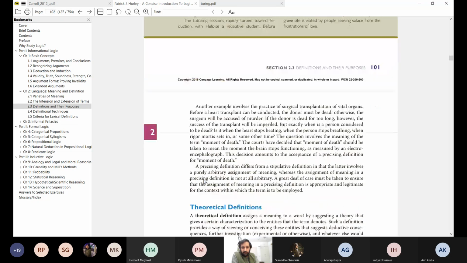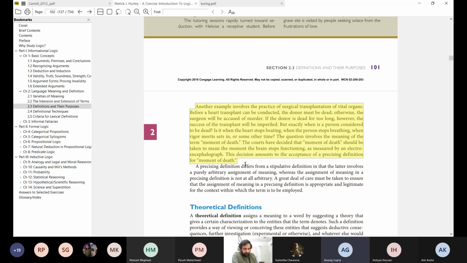Let's take for an example this case. So Anurag, you can read this para out. Another example involves the practice of surgical transplantation of vital organs. Before a heart transplant can be conducted, the donor must be dead. Otherwise, the surgeon will be accused of murder. If the donor is dead for too long, however, the success of the transplant will be imperiled. But exactly when is a person considered to be dead?